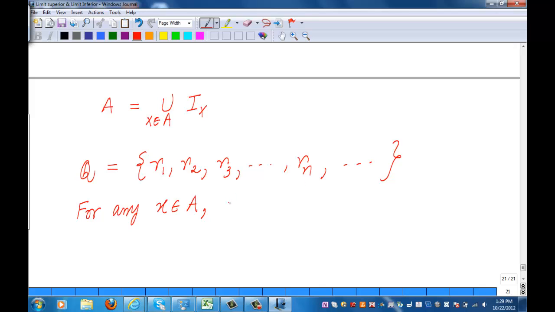So for any x in A, let n be the least index so that Rn belongs to Ix.